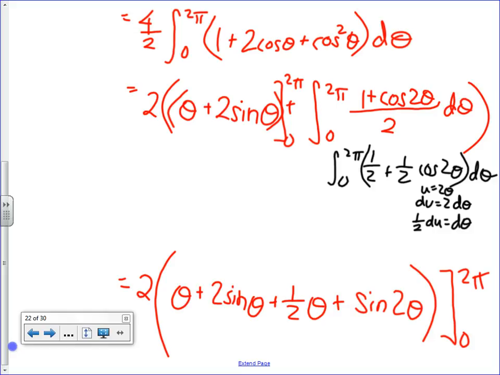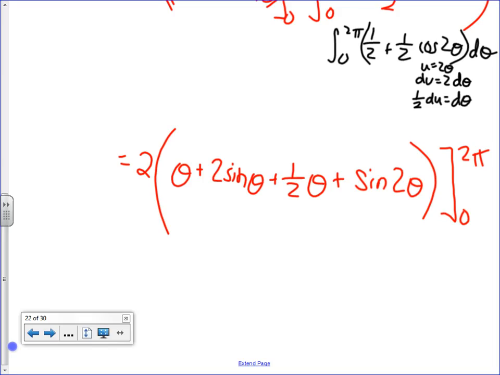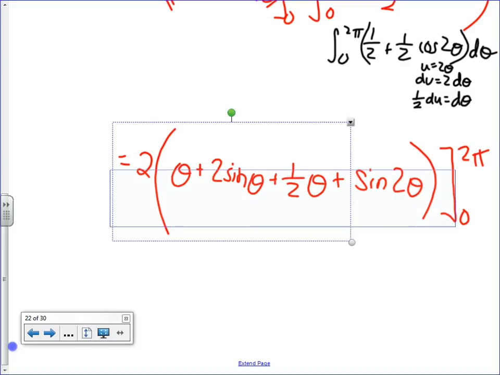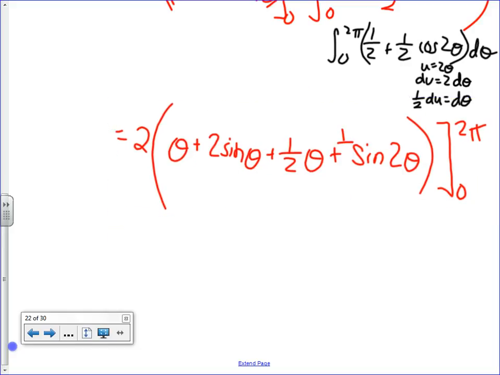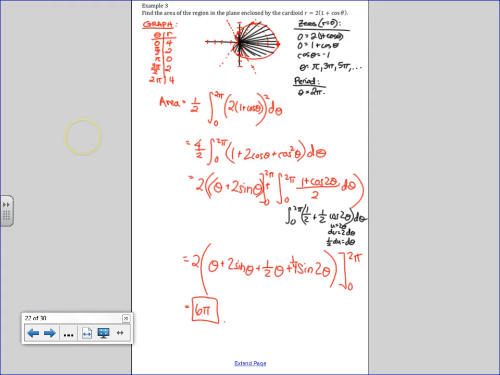So then I can plug in 1/2 to u, and 1/2 times 1/2 would be 1/4. Thanks, Melissa. And then at the end of the day, what do we get down to? I think it's 6 pi. But that's how we would integrate if we needed to integrate.